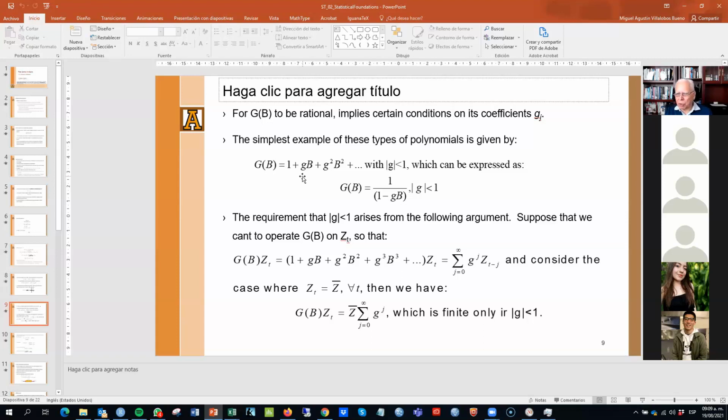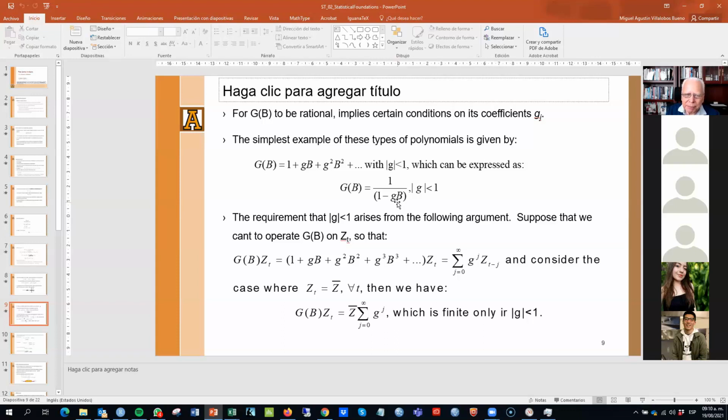The simplest example of a rational polynomial is G of B equal 1 plus G B plus G squared B squared and so on, that goes forever, with the absolute value of G, the constant, less than 1. Then this polynomial, which has an infinite number of terms, can be expressed as the ratio 1 over 1 minus G B. Okay.